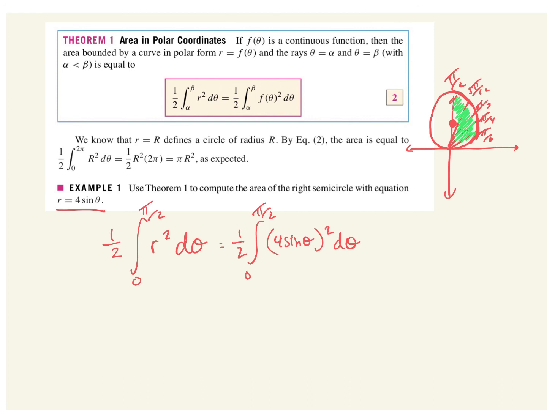So that gives me a 16 sine squared. I'm recalling that sine squared is equivalent to 1/2 times 1 minus cos 2 theta.